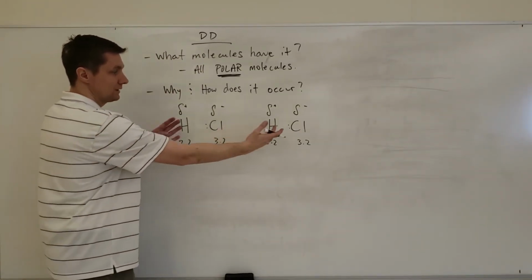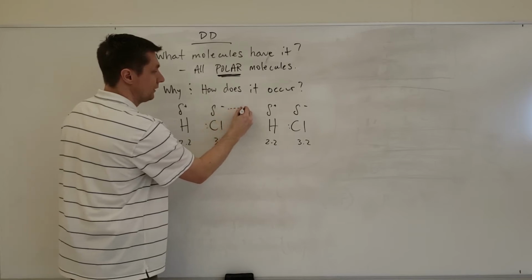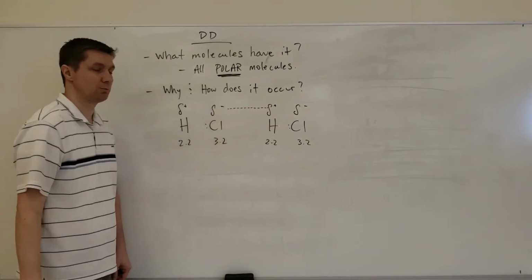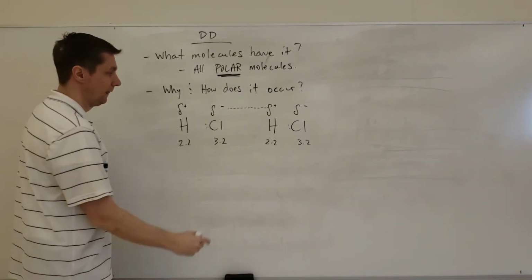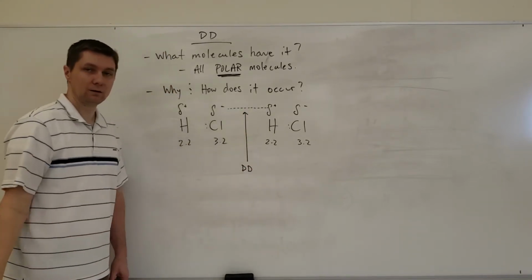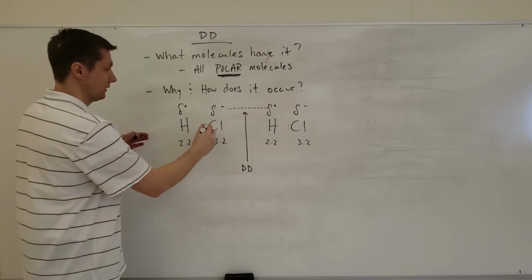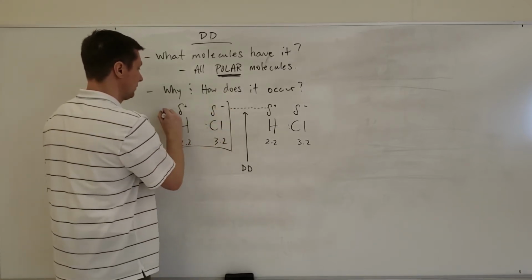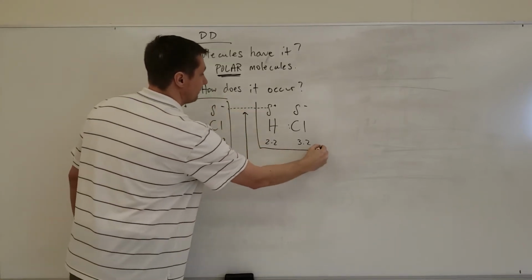Now you can see if these guys come in close proximity to each other, again we've got this attraction between this partial negative and this partial positive. And this is the dipole-dipole that exists tethering this molecule to this molecule.